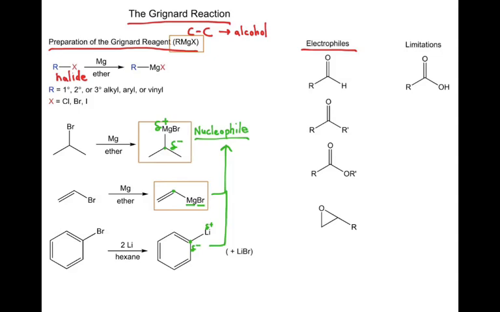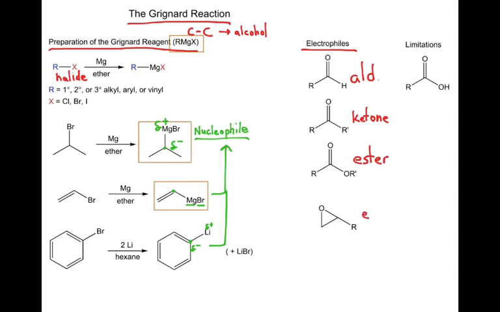So let's just kind of write these names down so we don't forget. Here we have an aldehyde, and I'm just going to abbreviate these. Next we have a ketone. Below that we have an ester.